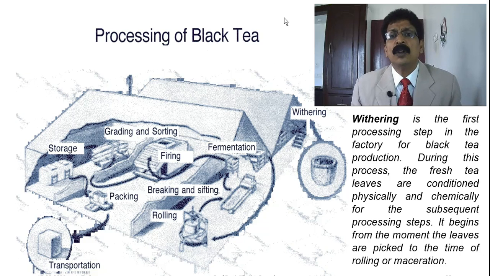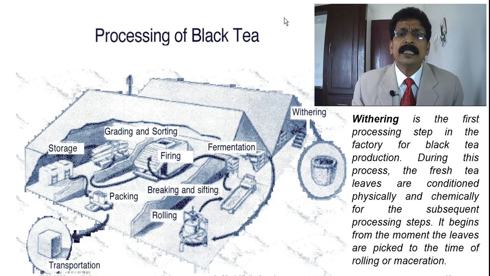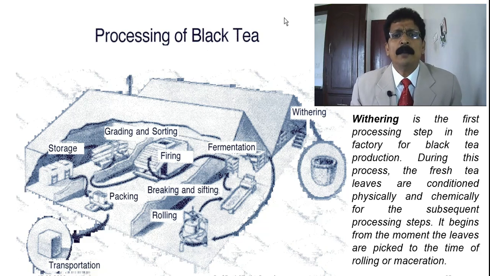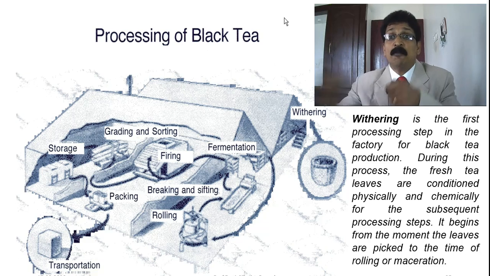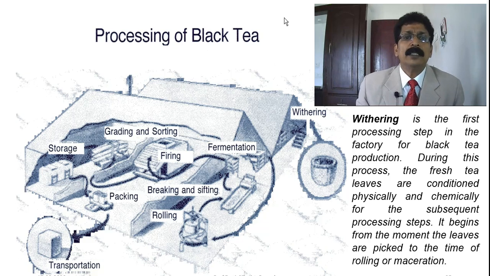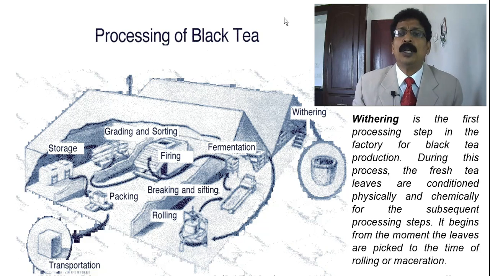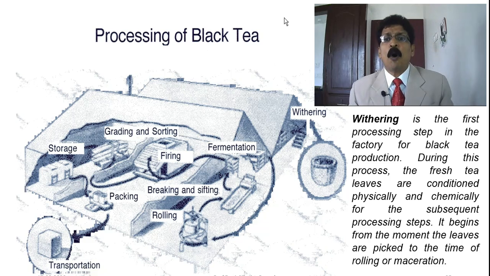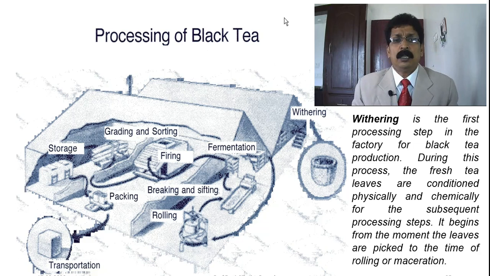So here first withering, then fermentation, then rolling, breaking, sifting, and firing. Firing means not burning it, just heating, warming, removal of water, and then grading and sorting, and then it should be packed, and then it can be stored, as we told, protected from mold, bacteria and moisture, or it can be transported as shown in the picture.